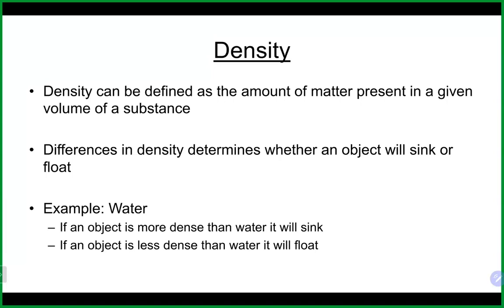Density typically has two types of units, grams per milliliter or grams per cubic centimeter, which are typically the units of density that you see for solids or liquids. A reminder that a cubic centimeter is the same thing as a milliliter.